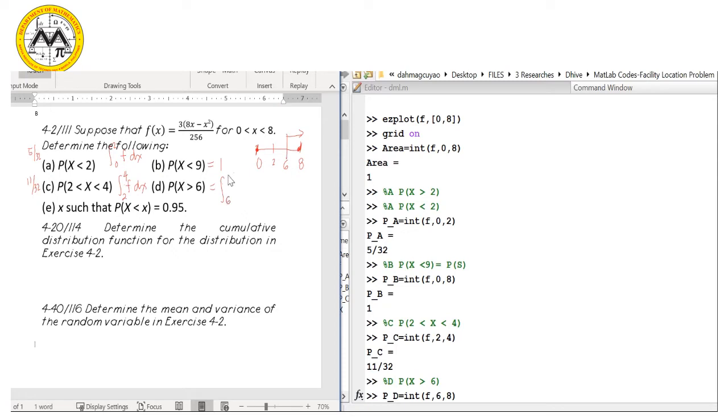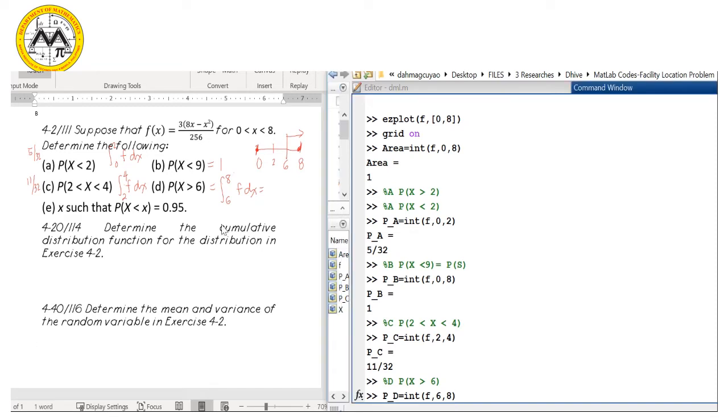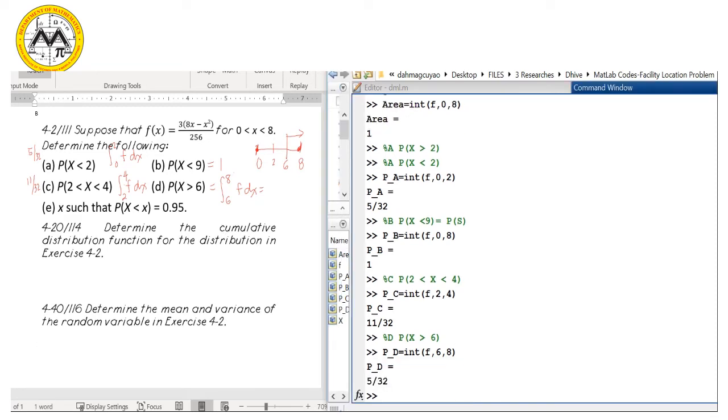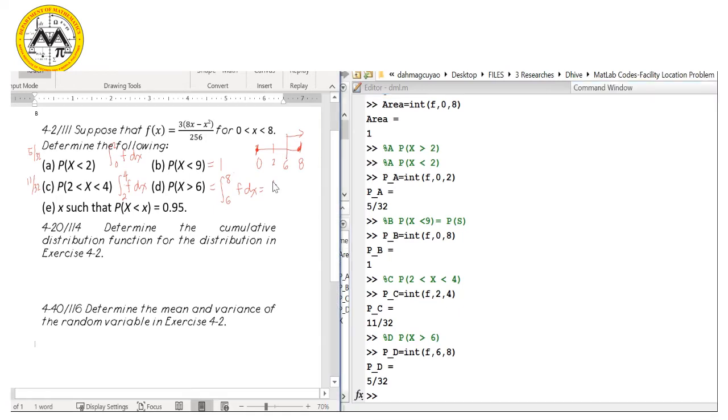So the integral from 6 to 8 of f dx. And to check that, it would also be 5 over 32. Letter A and letter D are quite the same because less than 2 is the lower portion, while 6 to 8 is the upper portion, which are quite symmetrical to one another.